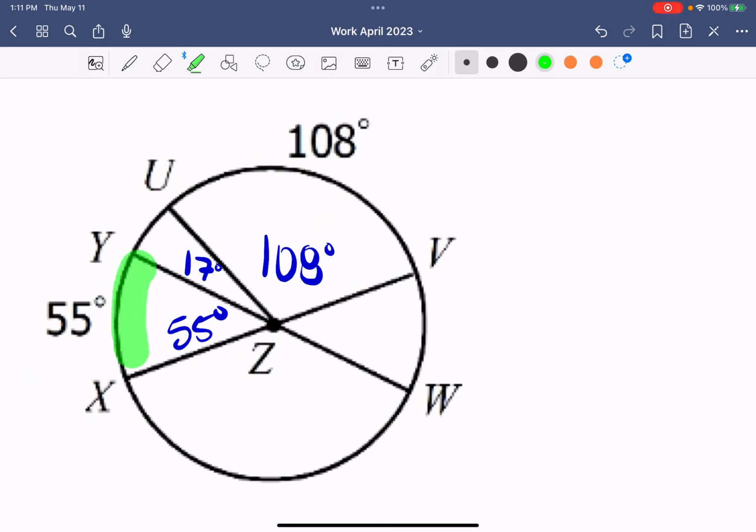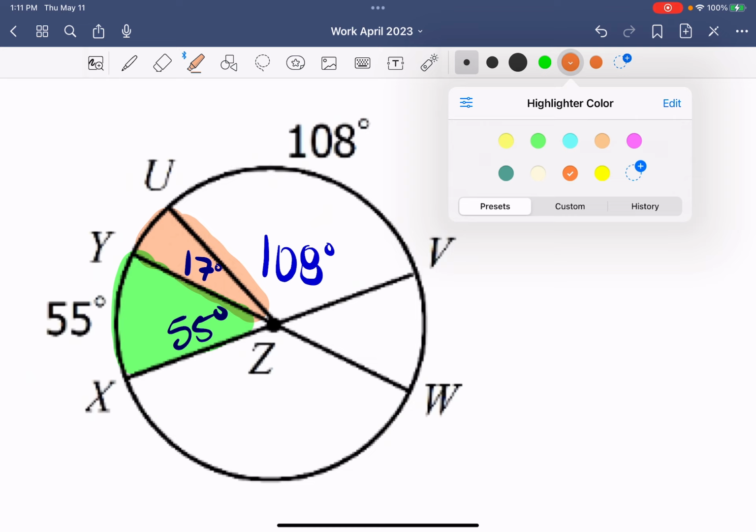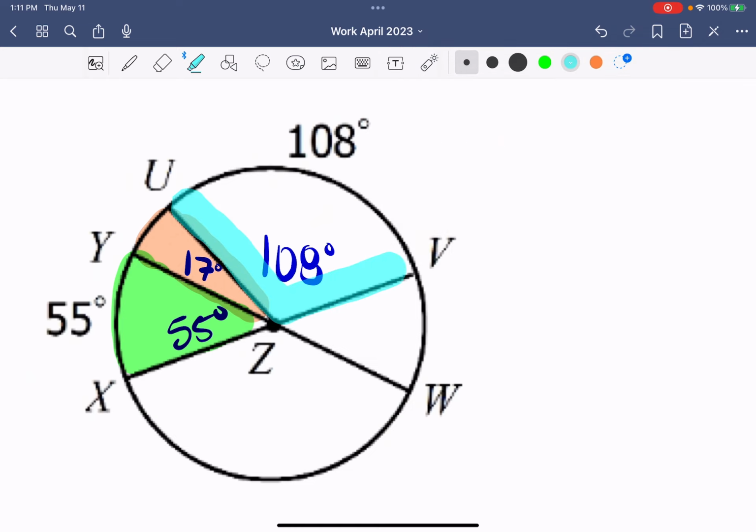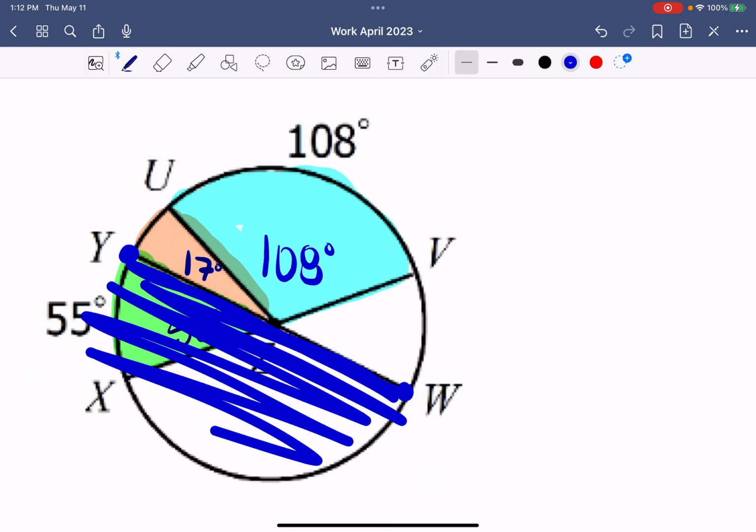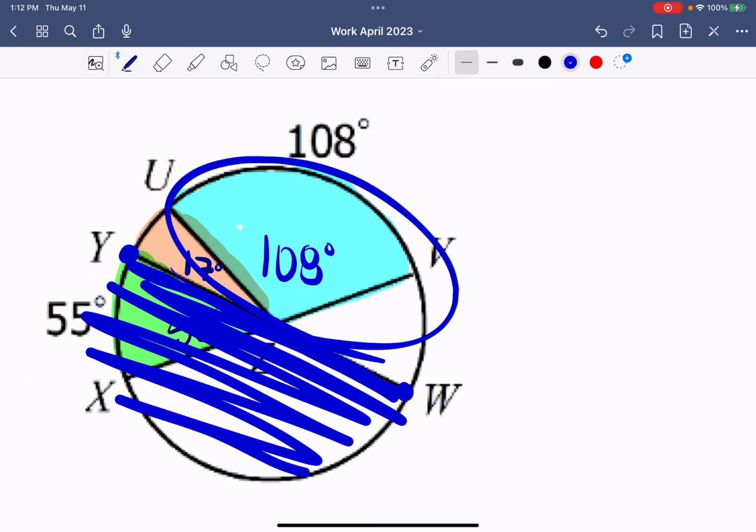Okay, so we have 55, we have 17, we have 108. Now, if we repeat the same process, but now cut the circle in half from Y to W, and you hide the bottom, then it means the top three pieces add up to 180.